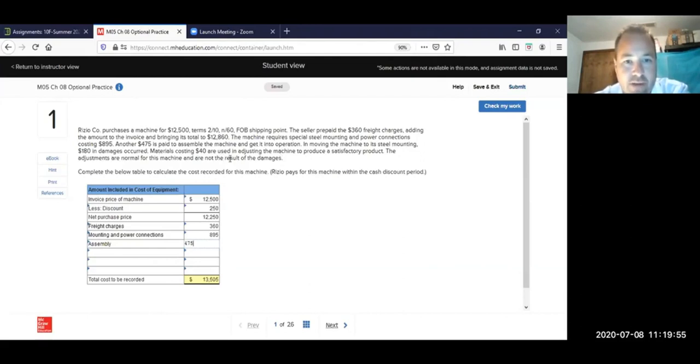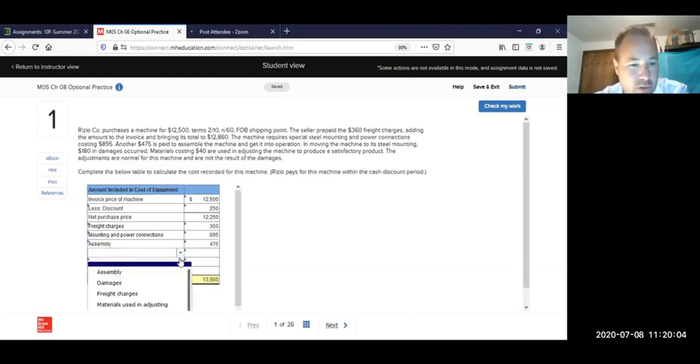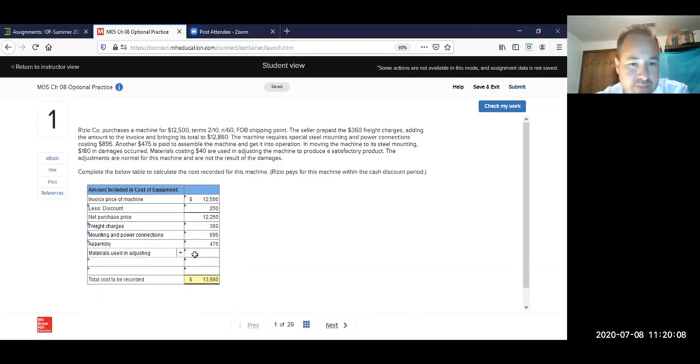Materials costing $40 are used in adjusting the machine. Yep, that's part of getting it ready, so we're going to put here materials used in adjusting, $40. And these adjustments are normal for this machine and are not a result of the damages.